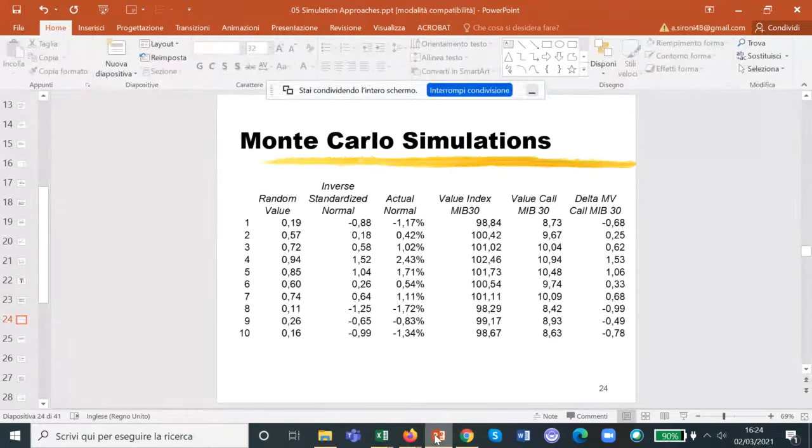Now, what it does, it simulates many times a random value from 0 to 1. It computes the inverse of the standardized normal. It computes the actual normal, exactly as we did in our Excel example on height and weight, the value of the call option, okay, and the change in the value of the call option.